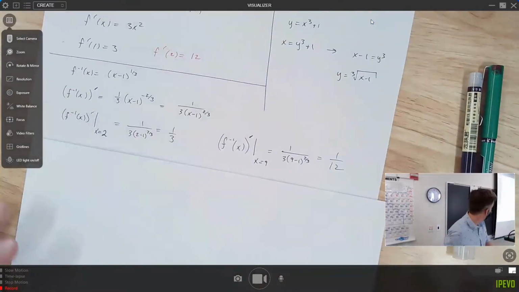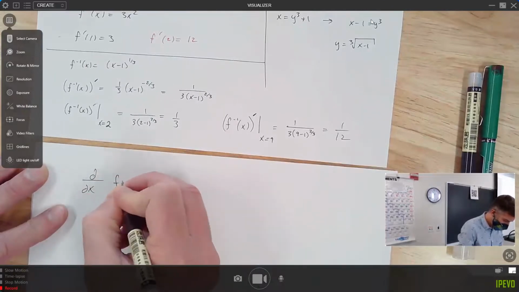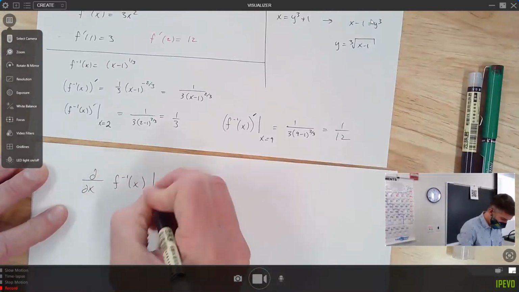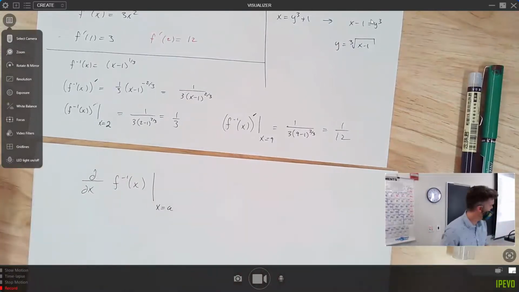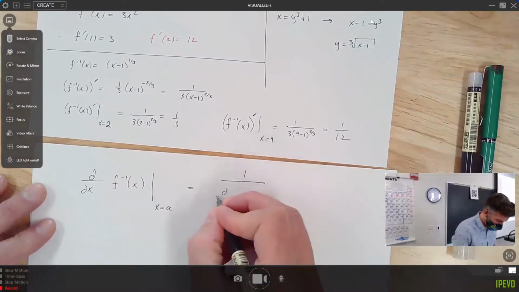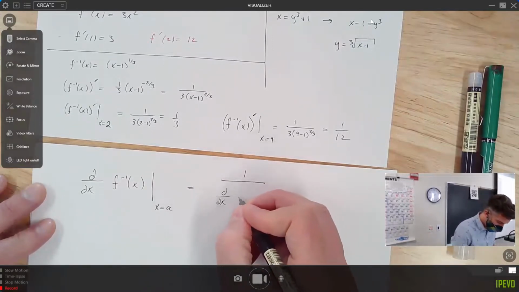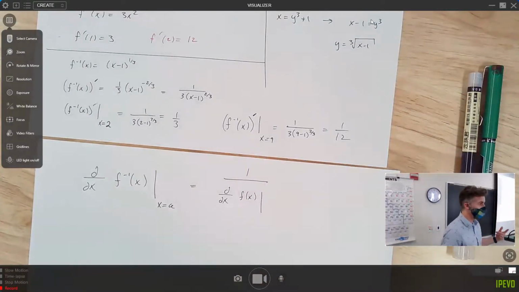For this particular example, if I want to find the derivative of f inverse of x at some, say, x equal to a, then that's going to be 1 over the derivative of the function at the corresponding value, right?